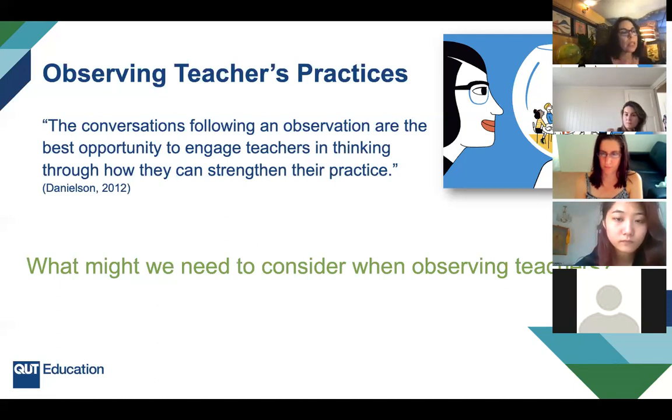But we also need to think about making sure that we're respectful, and I guess if we're in a teaching situation as opposed to a student, we would also need to be thinking about a trusting and supportive environment as well.